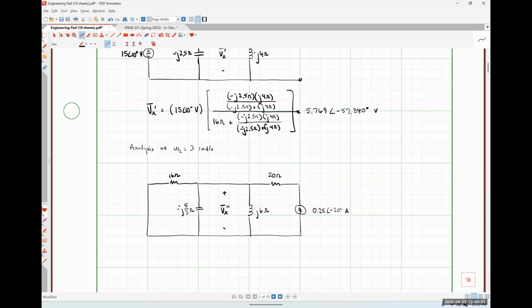But I would argue that we could do it in one step just by using Ohm's law from the jump. This current right here is that same 0.25 angle negative 20 degrees amps, right? Essentially, all of our current flows through the 20 ohm resistor before it hits those three impedances connected in parallel. So why couldn't we just use that current times those three impedances in parallel to get the voltage in one step?